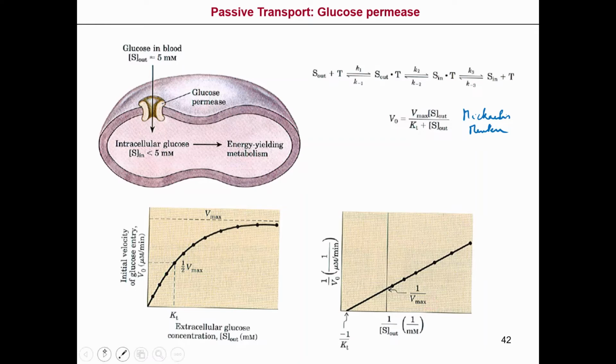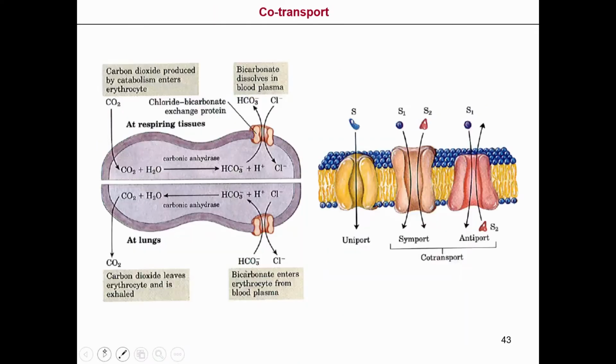Okay, last slide before the coffee break. We have the co-transport. Indeed, some carrier proteins simply transport a single solute from one side of the membrane to the other side. So if you have only a single solute transported, it's called uniport.